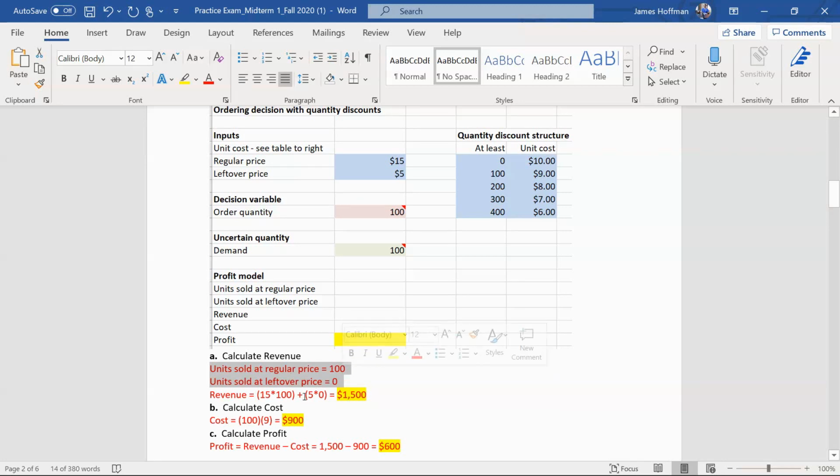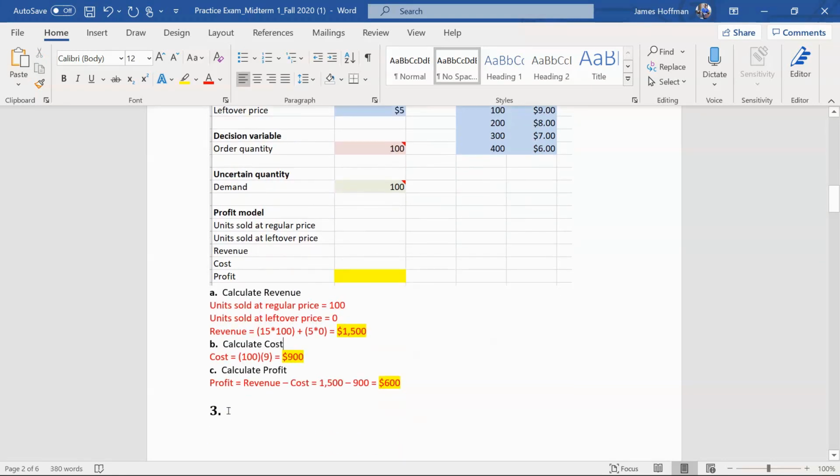That goes in here, and then you also have to make sure you know how to look at the cost structure and determine your price per book. And once you get here, it's easy. Any questions on number 2, the quantity discounts problem?